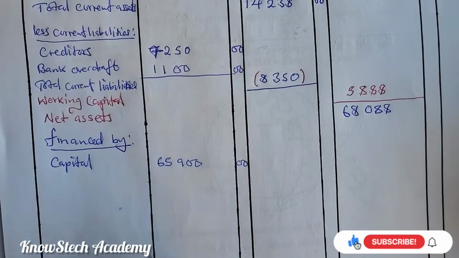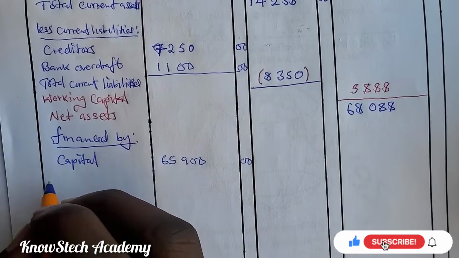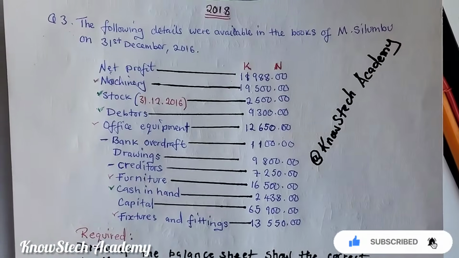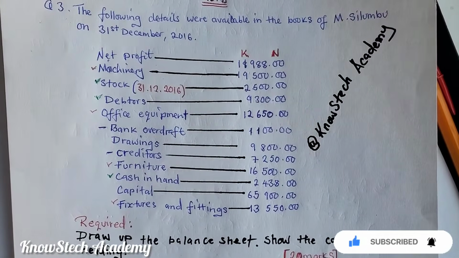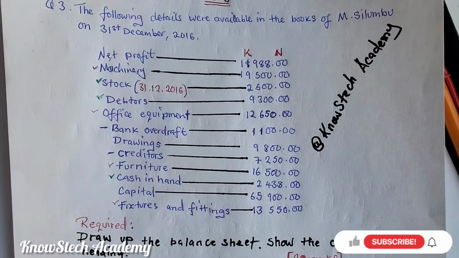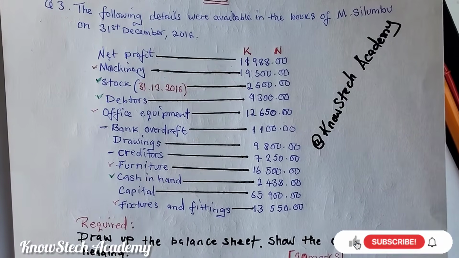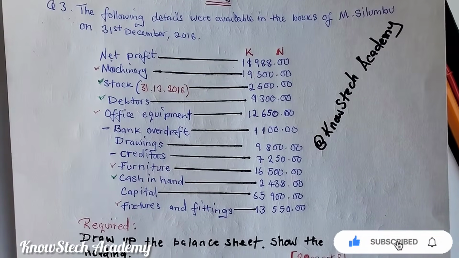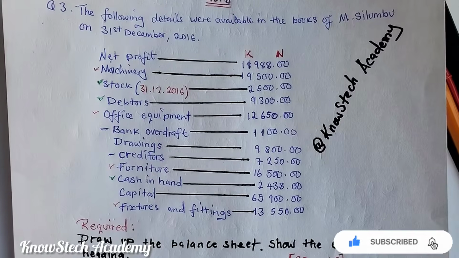Then we add the net profit. Now check in this examination question, since this question wasn't starting from the trading and profit and loss account, they just asked us direct to prepare the balance sheet. Then they have to provide the net profit.